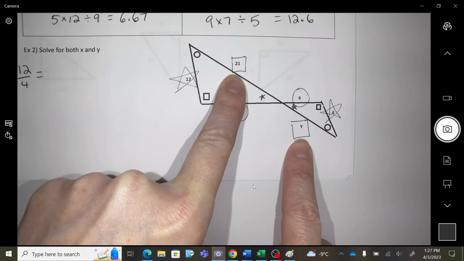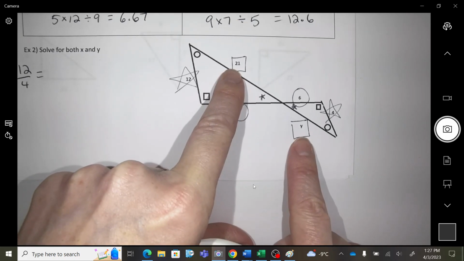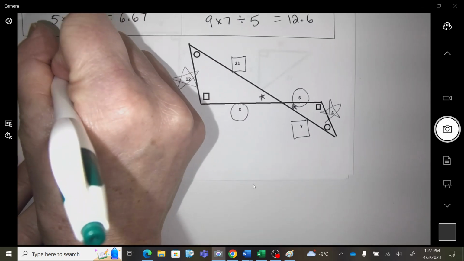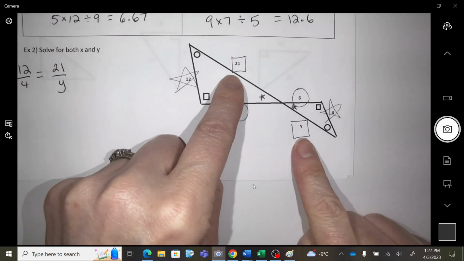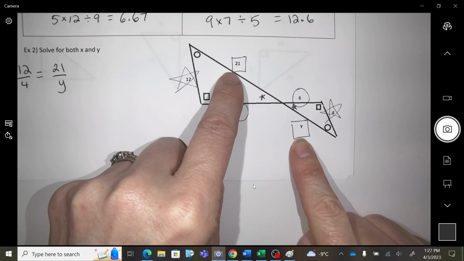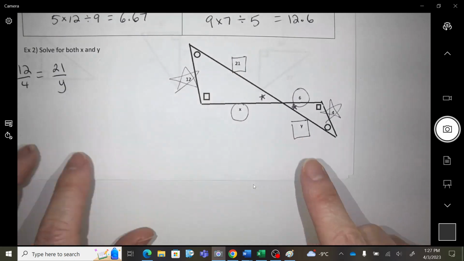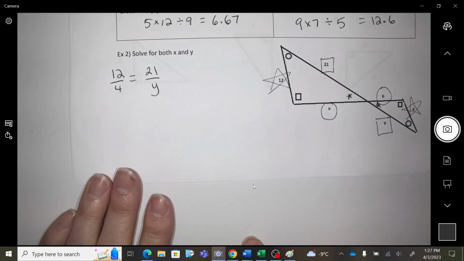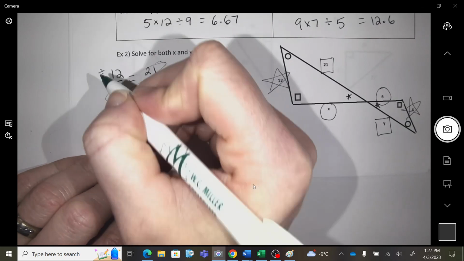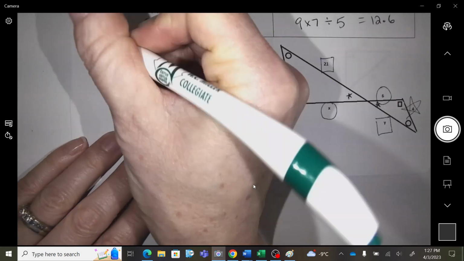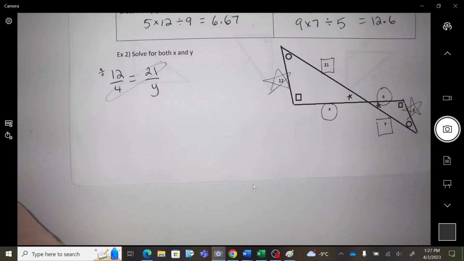We boxed them. The 21 to y is the same. So do you see what I did? I had to match the two in boxes together. Now that we have that set up, which two do we times? 4 and 21 and divide by 12. 4 times 21 divide by 12.